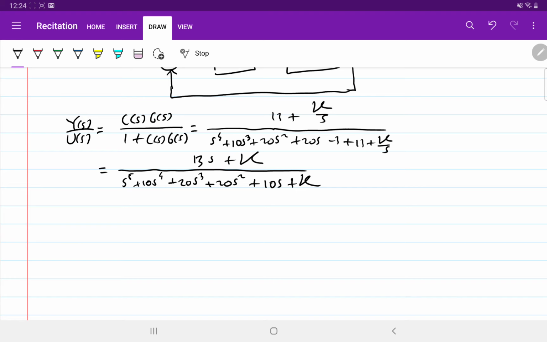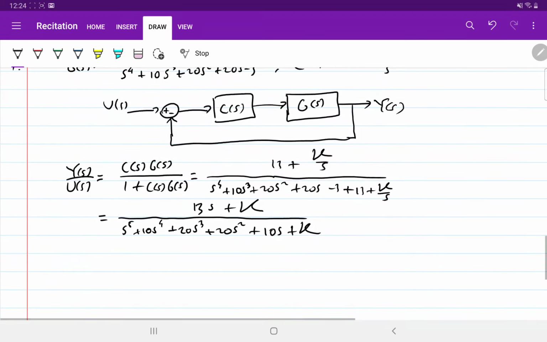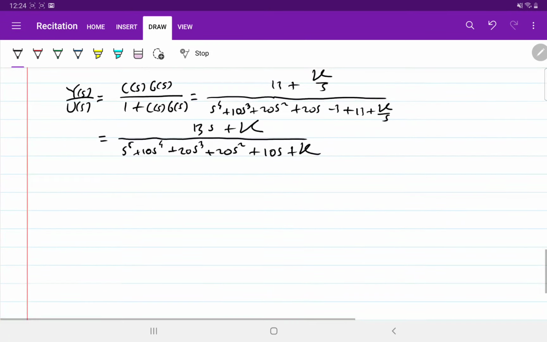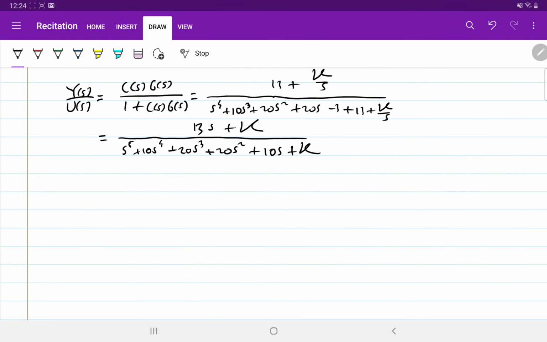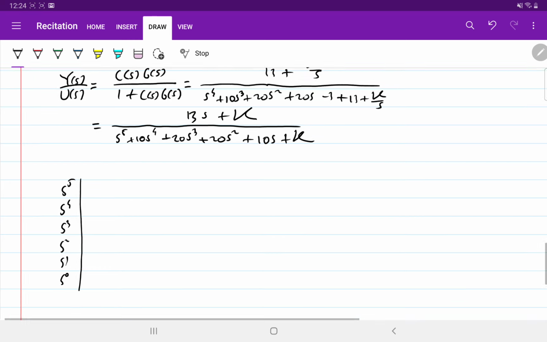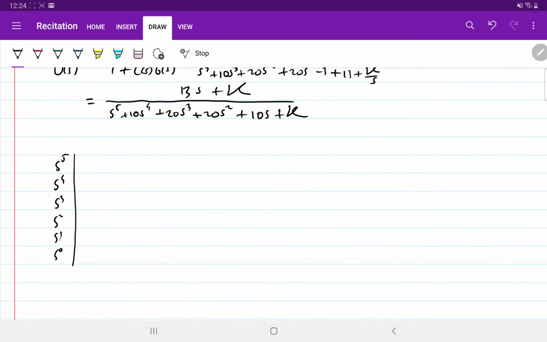now that we have the expression for the closed loop system, we can construct the Routh table. It's a 5-degree polynomial, so s to the 5, s4, s3, s2, s1, s0, and write the coefficients of the denominator: 1, 10, 20, 20, 10, and k.